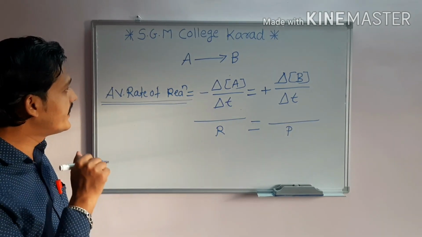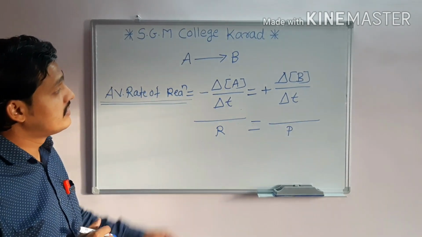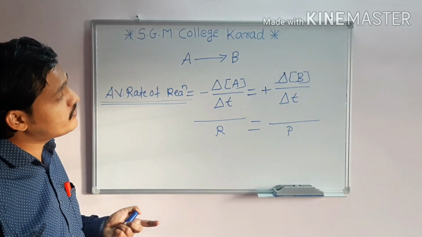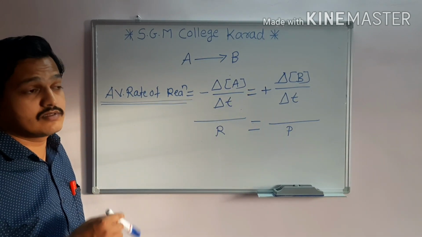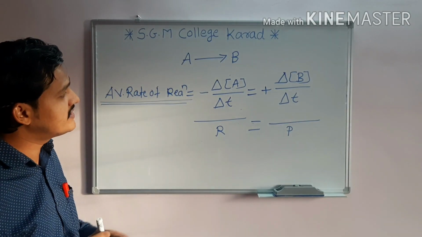Now you can ask me one question: why is the negative sign added to the reactant side and the positive sign to the product side? Explain in detail. So I am giving you the proper answer.